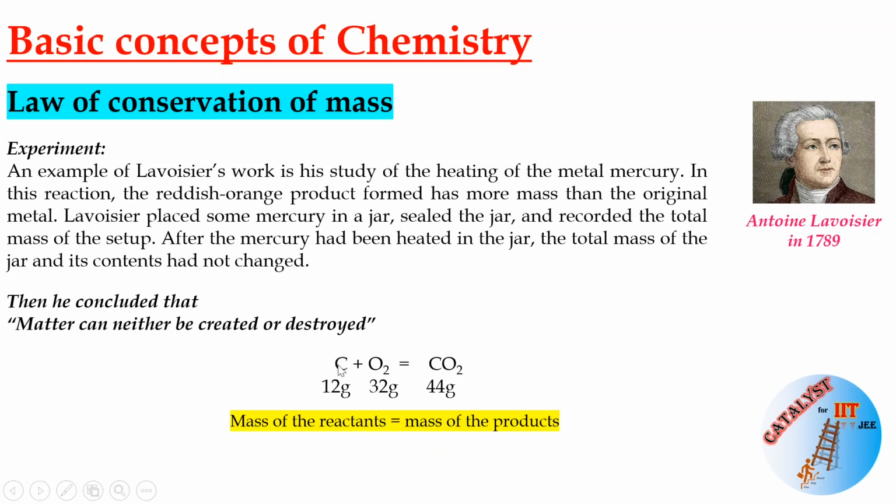As for example here, when you add carbon plus oxygen and you get carbon dioxide, this is the case. If you do this reaction inside a jar and you mix 12 gram of carbon with 32 gram of oxygen, you will get 44 gram of carbon dioxide. Now if you see the mass of the reactants, total mass is 12 plus 32, which is equal to 44, exactly equal to the mass of the product CO2, which is 44 gram.